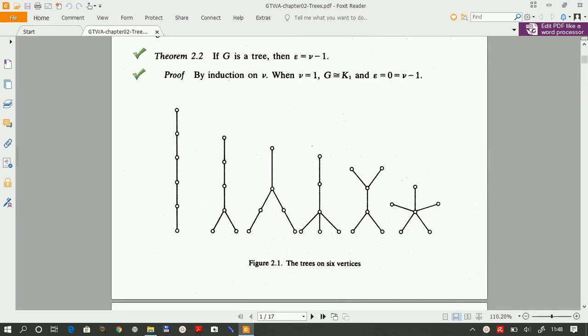With n equal to 1, so just one vertex, necessarily you don't have any edges, because if you had a loop, that would be a cycle, and so the graph would not be acyclic, and it would not be a tree. So there is no edge, and epsilon equals 0, which is exactly n minus 1.